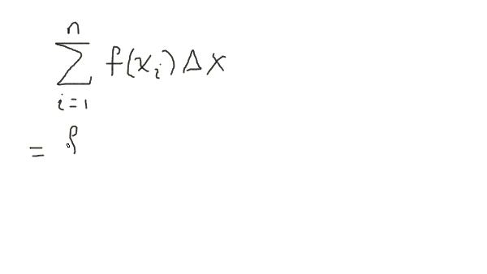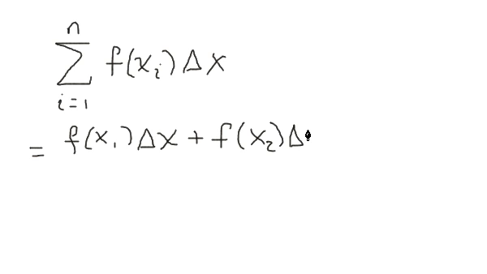So we have f of x1 delta x plus f of x2 delta x plus, and once again dot dot dot, meaning there's a lot of terms there, plus f of xn, the nth term, times delta x.